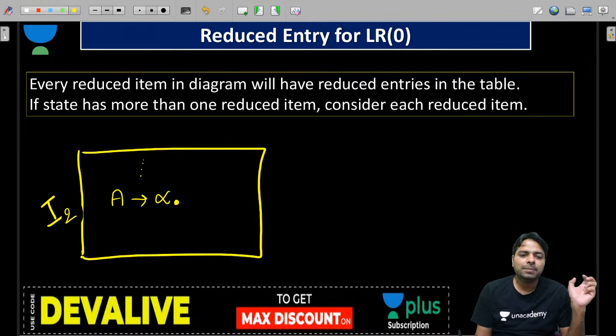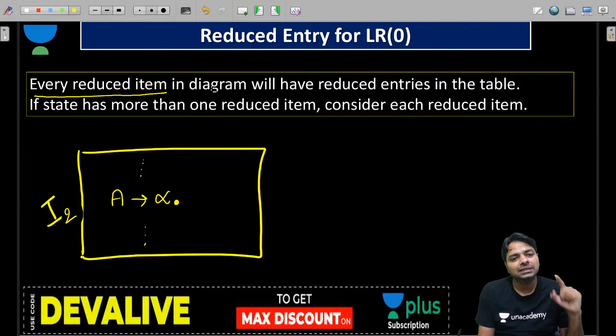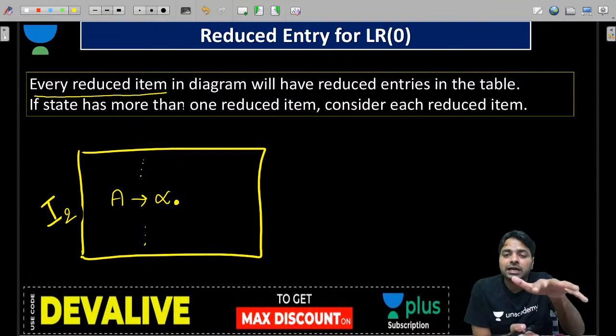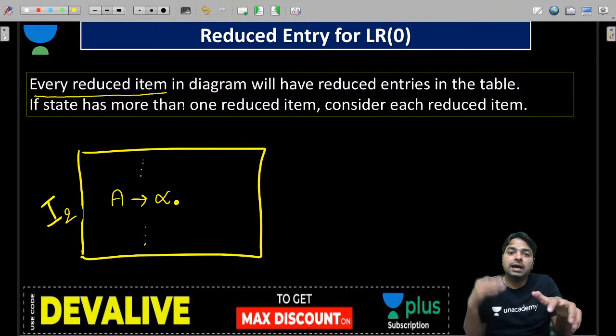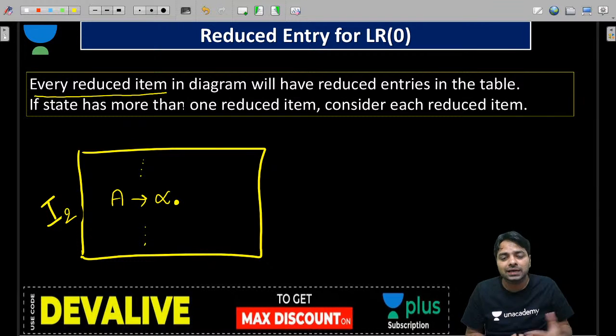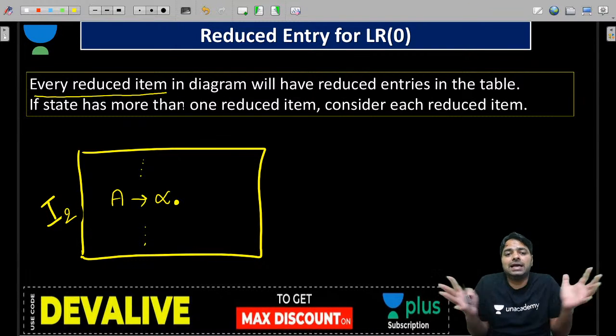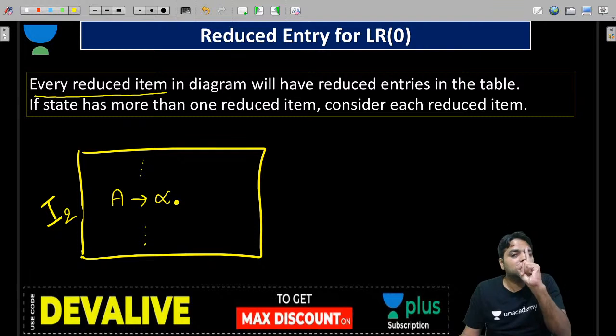Then other items may be there, but what you have to do is look at every reduced item in the diagram. If there are 10 reduced items in this state, 10 times we have to calculate something, guys. Is that clear? If the state has more than one reduced item, consider each reduced item. If you have any other reduced item, you must take it again.